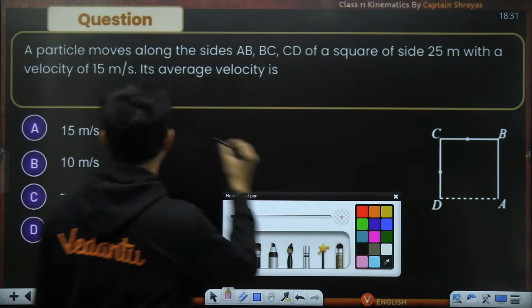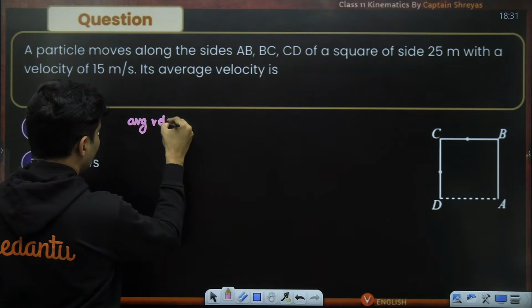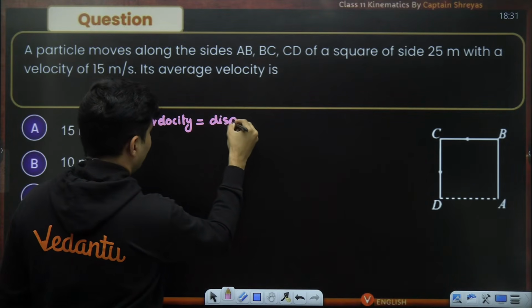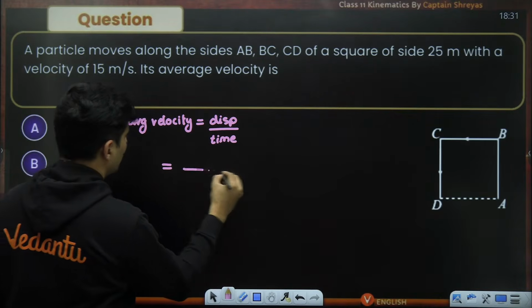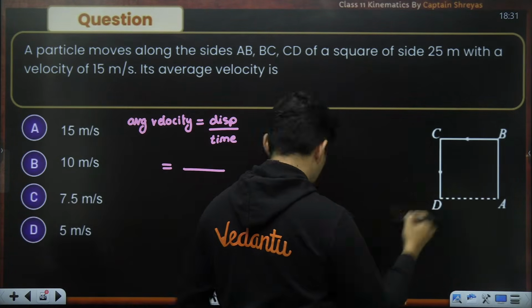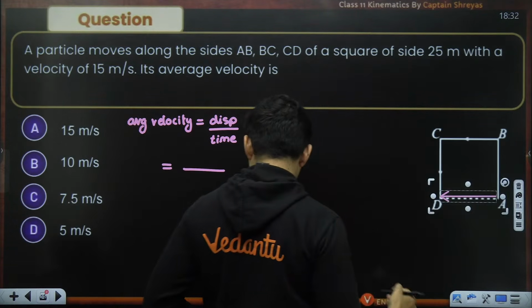In order to find this average velocity, what I need is the displacement upon the time. Now I'll tell you what the issue is over here. I was here, I went like this. So my displacement is exactly this much.